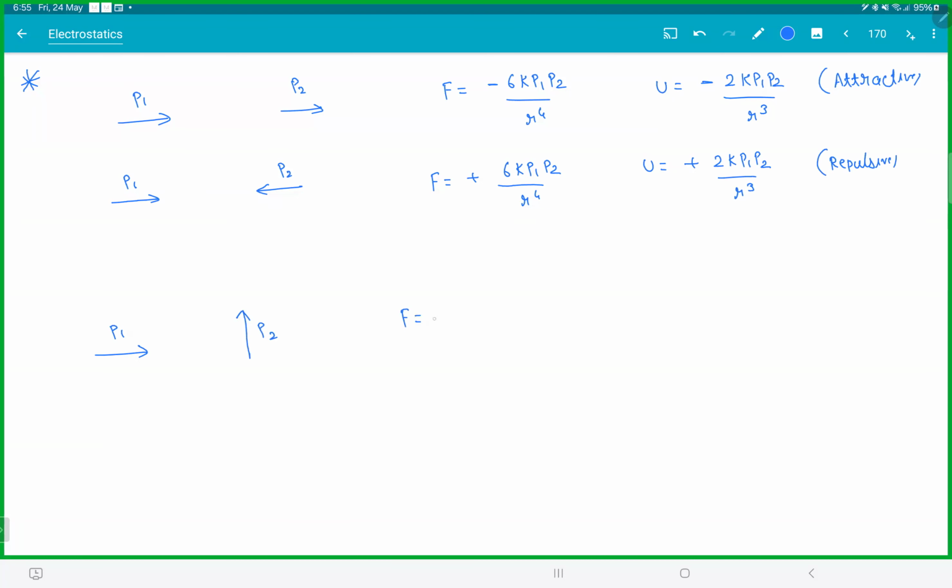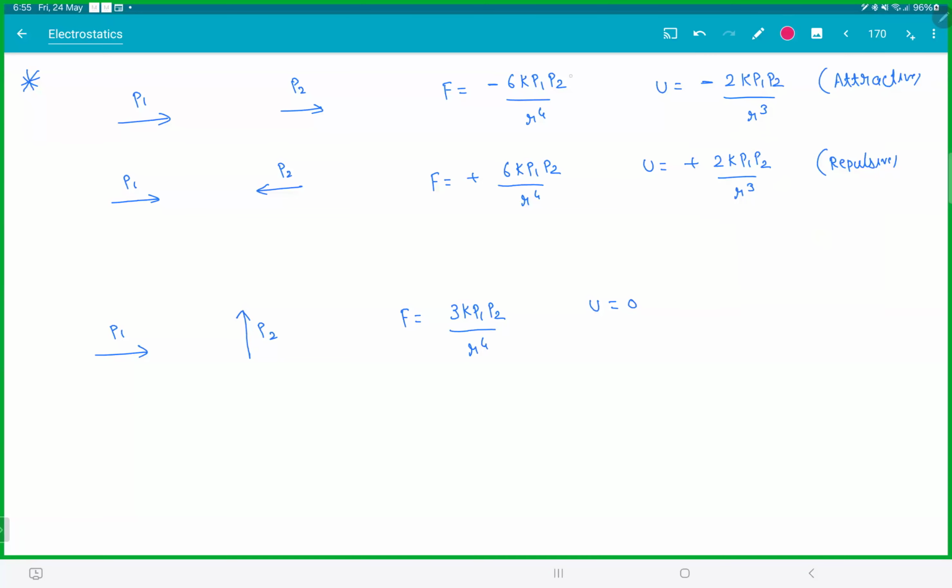So in this case, the force would be 3K P1 P2 by R power 4. Potential is anyway 0. By changing the orientation, the force will be up or down depending on it. Clear?